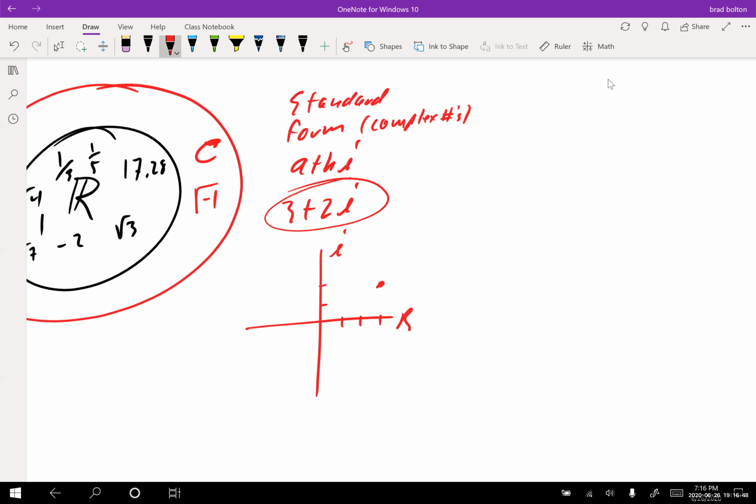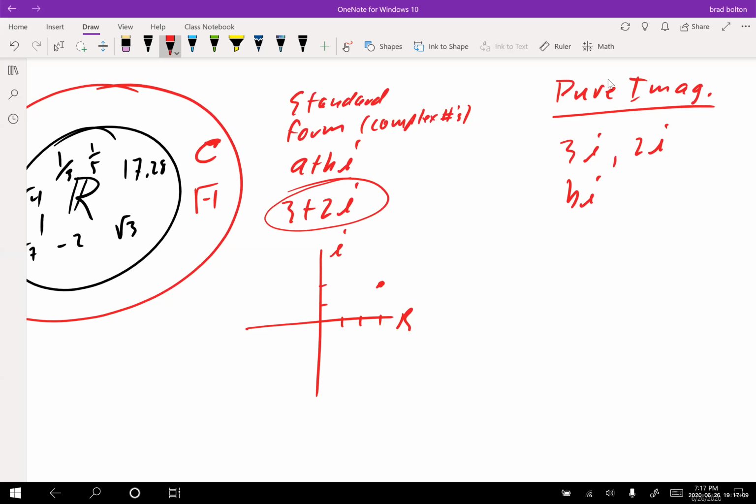And then over here, you might just have pure imaginary. Sorry about that, I had to sneeze. Pure imaginary are in this form: just 3i or 2i or bi. They don't have the real component.